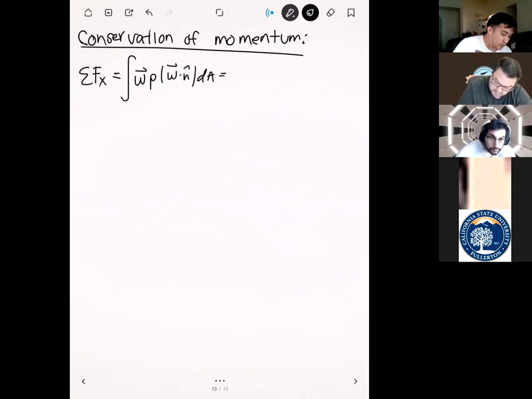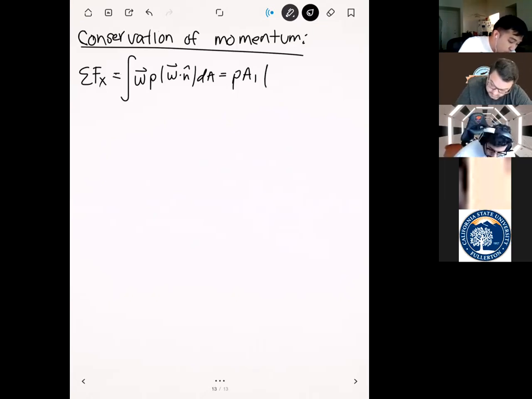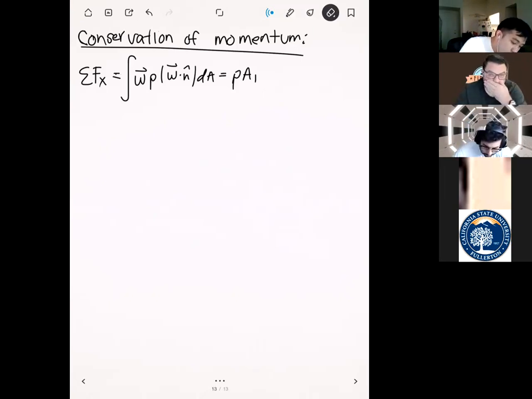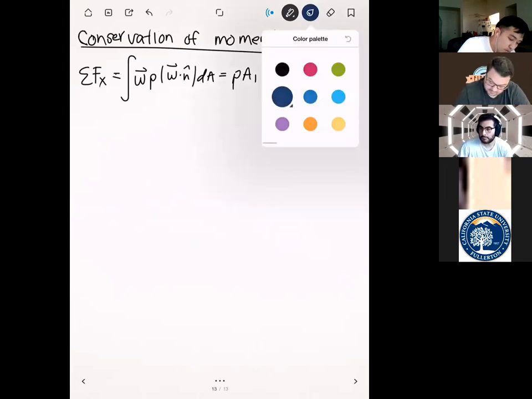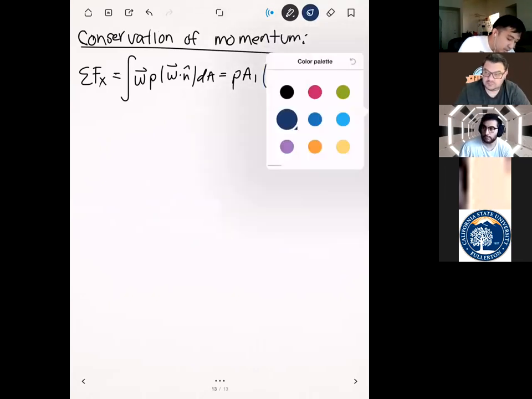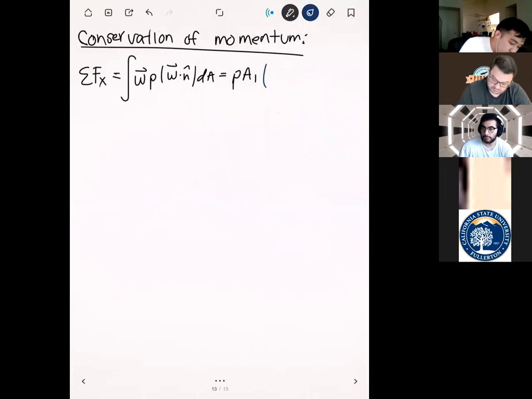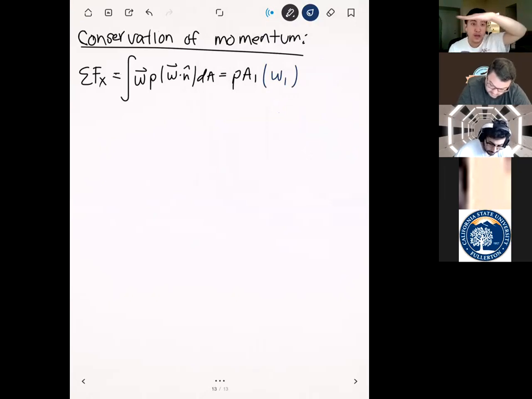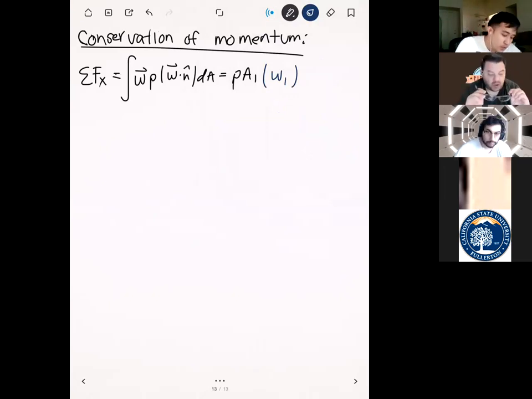First, let's do the inlet. At the inlet, we're going to have rho A1, and then we're going to multiply this by the X component of the relative velocity at the inlet. Let me use the same color scheme that I've used before. The X component at the inlet is just going to be a positive W1, because remember that at the inlet, we have velocity going to the right like this. So that's going to be a positive W1.